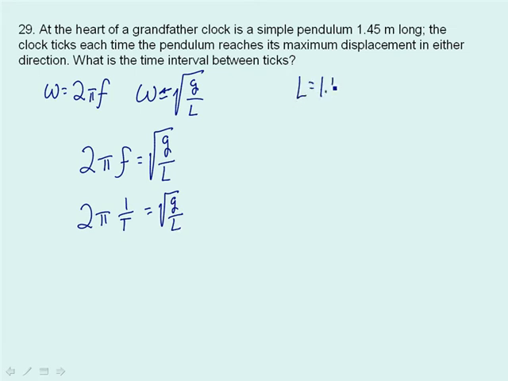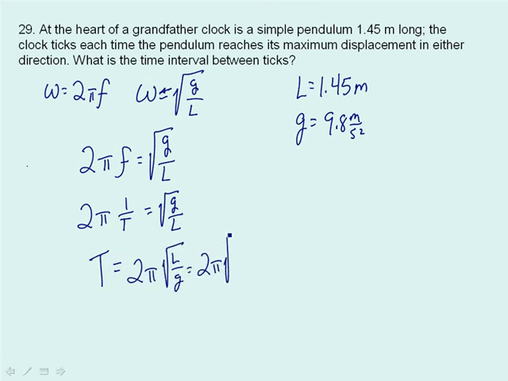L is equal to 1.45 meters. I know what g is, of course, it's 9.8 meters per second squared. And I want to know what is T. So T works out to be 2 pi square root of L over g. So T is 2.42 seconds.